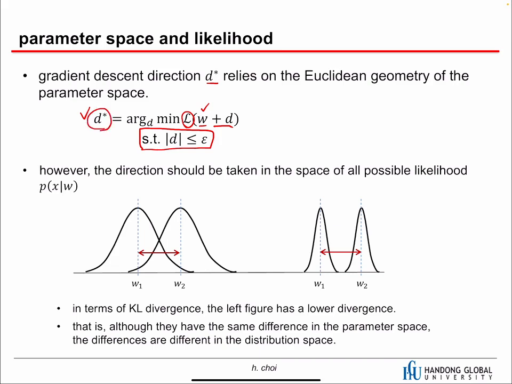Consider when the objective function looks like this in two-dimensional space. We have w1 and w2, so our parameter is two-dimensional, and we have the loss function here. When w is here, the loss objective function value is here.